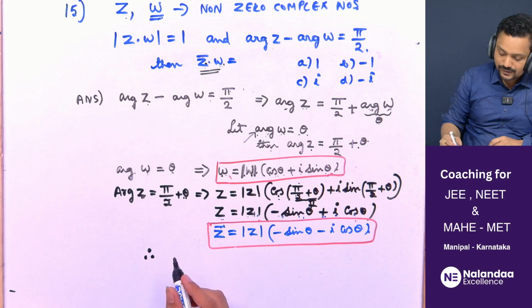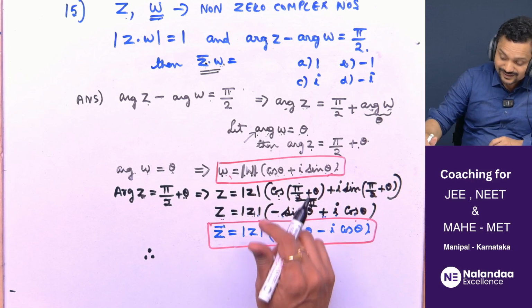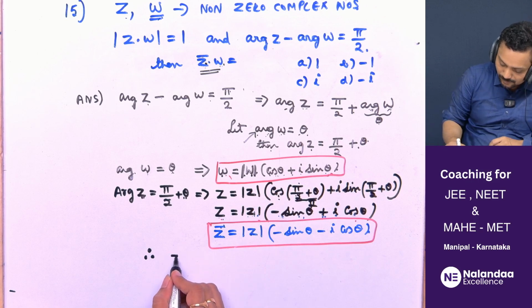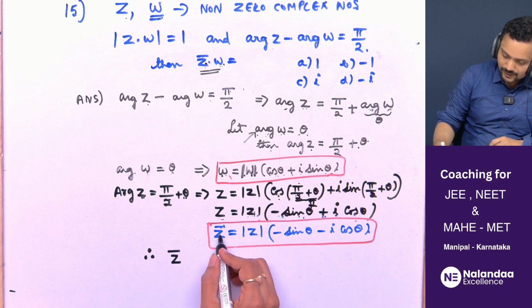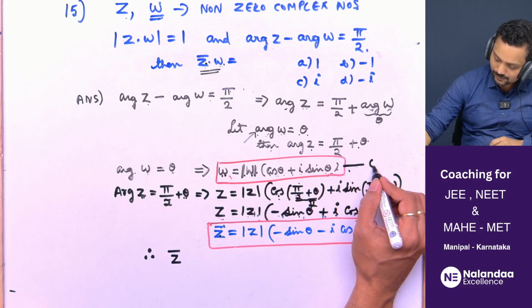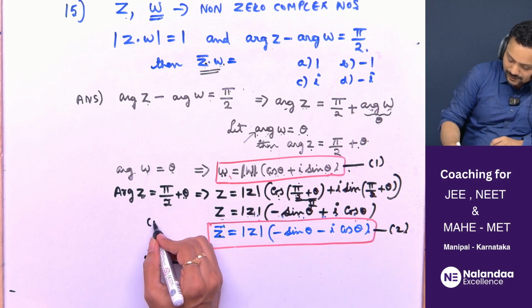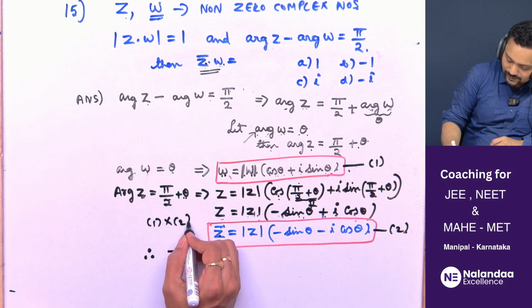You can see that, yeah. So it can be a tough question if you don't understand the topic. So if you multiply z bar into omega, let me name them equation 1 and 2. Let me just multiply equation 1 with equation 2.